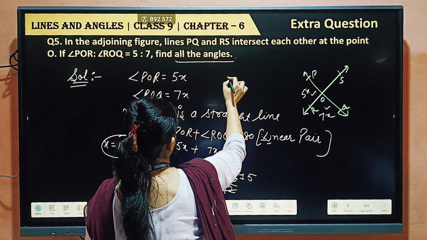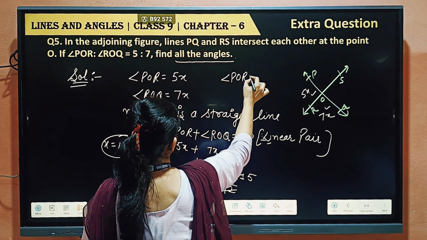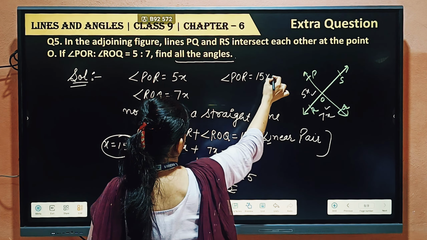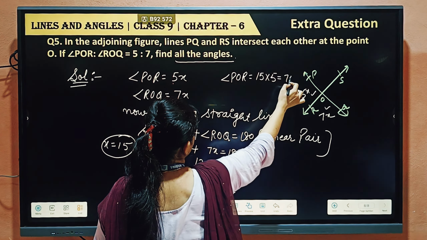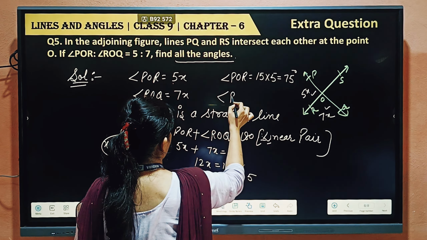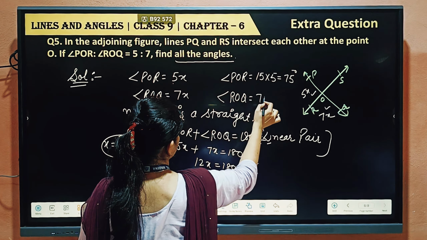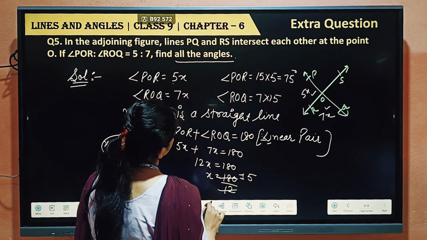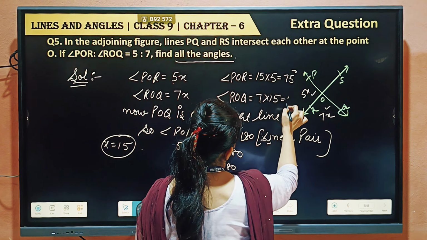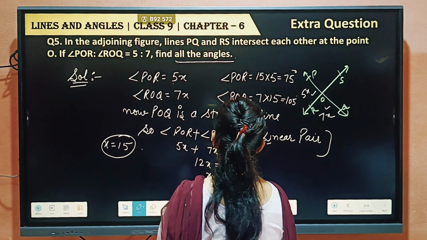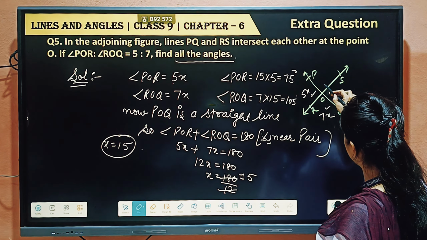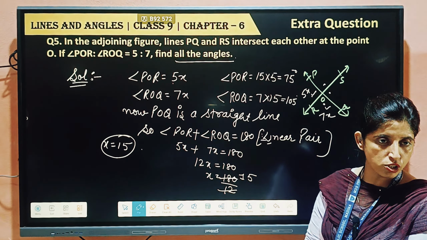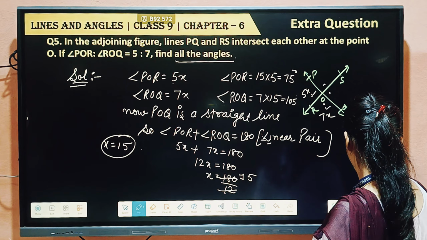So angle POR is 15 into 5, that will be 75 degrees. And angle ROQ equals 7 into 15, 15 sevens are 105. These two angles came. This angle and this angle are equal because of vertically opposite angles.